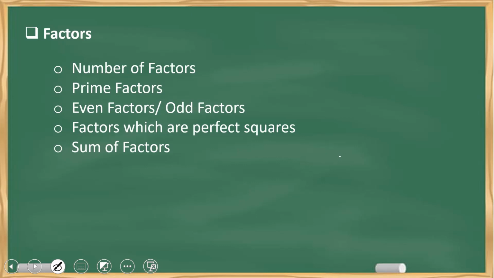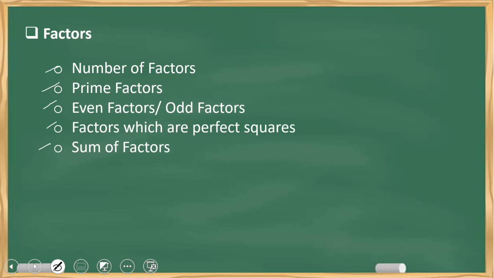The first question they might ask you in a written test or any competitive examination is the number of factors. This is very important. Finding the number of factors of the given number, and in those factors how many are prime factors, and how many are even, odd, and also perfect squares. Last but not least, the sum of factors.